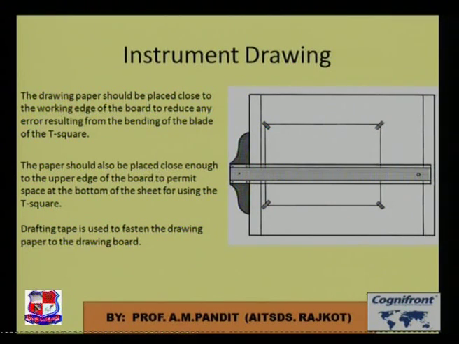The paper should also be close enough to the upper edge to permit the bottom sheet use for the T square. Paper should also have upper edge contact too. To fasten the drawing sheet, we can use drafting tape or we can use drawing pins as well.